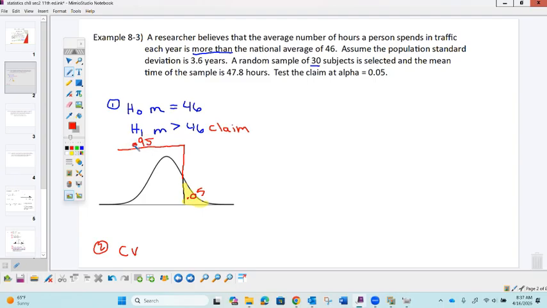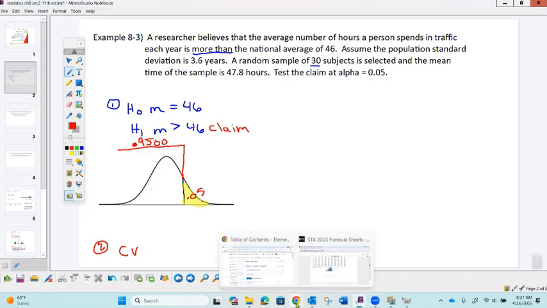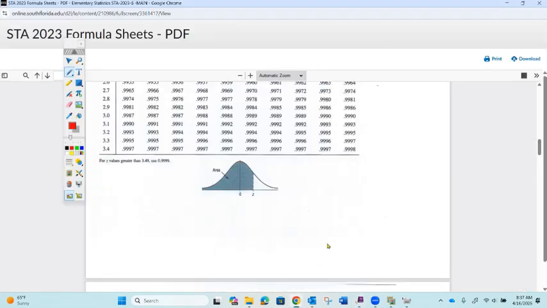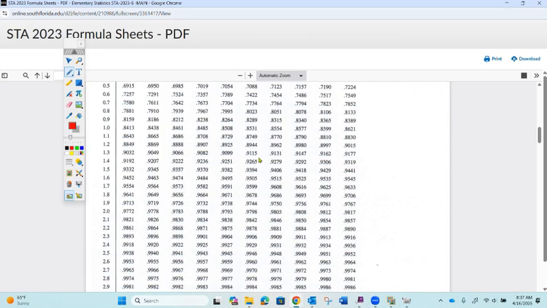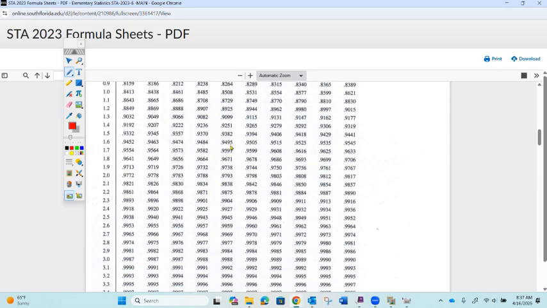So I'm looking up the closest thing to 0.95. Now remember, add a couple zeros. Because there are 4 digits in the chart, it's just easier to add a couple zeros to the end. We're looking up the closest thing to 9,500. So inside our chart, right here is 5 below, and this is 5 above.